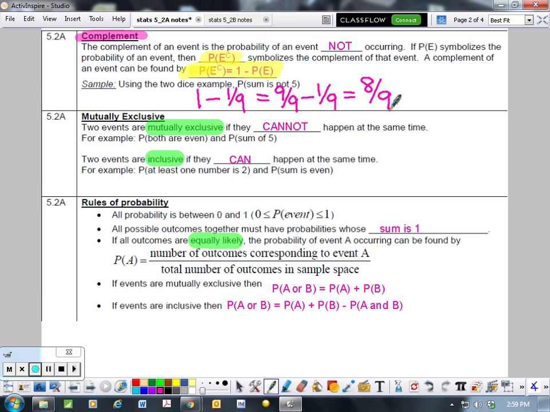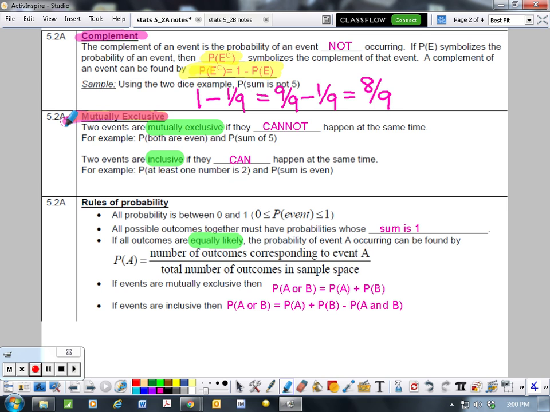Okay, the next definition that we're going to talk about is mutually exclusive. Two events are mutually exclusive if they cannot happen at the same time. For example, if we're looking at the dice, the probability that both numbers are even and the probability that they add up to 5.